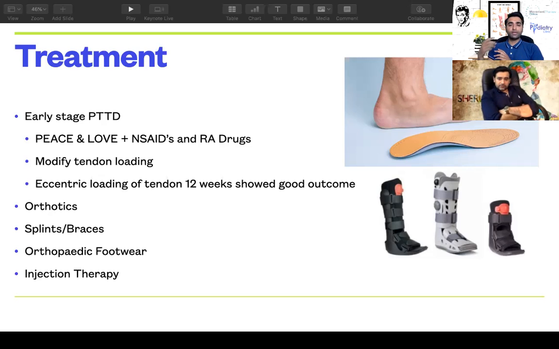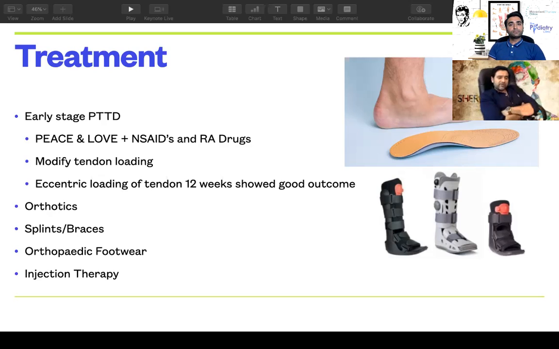If it's a normal athlete presenting with that, no, I'm not going to offload them completely. But the patients suffering with inflammatory arthritis, if they keep on loading that, they will get into that plastic phase of the tendon, where coming back to the original state is going to be difficult. They are also the kind of patient who are not very compliant with the exercises, or they have a lot bigger things going on in their body, and they can't do the exercises as effectively.